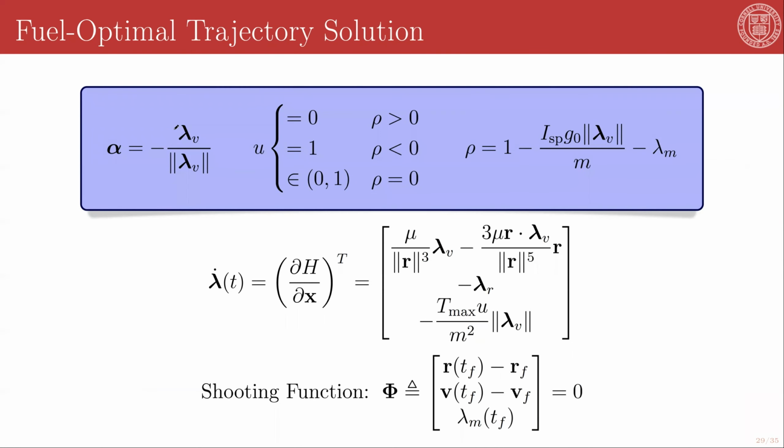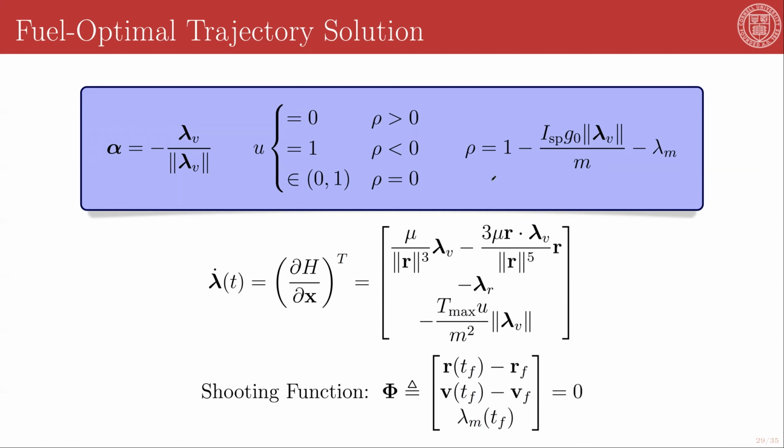The fuel optimal trajectory solution is given by the thrust direction being set to negative the unit vector of the velocity costate. The thrust ratio can be 0, 1, or somewhere within the range of 0 to 1. And we parameterize this choice by introducing this rho parameter, where rho is given by 1 minus the specific impulse times g naught scaled by the current mass times the norm of the velocity costate minus the mass costate.